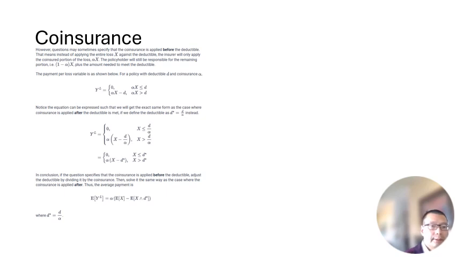That means instead of applying the entire loss X against the deductible, the insurer will only apply the coinsurance portion of the loss, alpha X. The policyholder will still be responsible for the remaining portion, that is (1 minus alpha) X, plus the amount needed to meet the deductible.